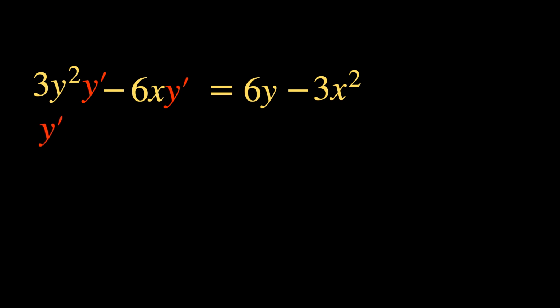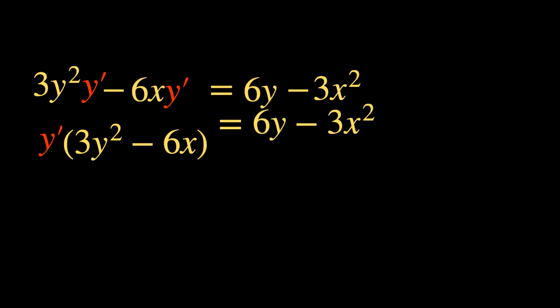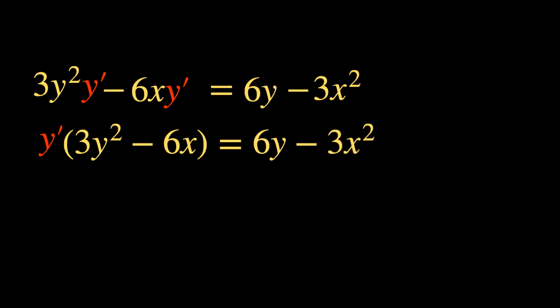Our next step is we need to solve for the value of y prime. So we need to factor out y prime. So we will have y prime multiplied by 3y squared minus 6x is equal to 6y minus 3x squared. Our next step is we need to divide both sides of the equation by 3y squared minus 6x.